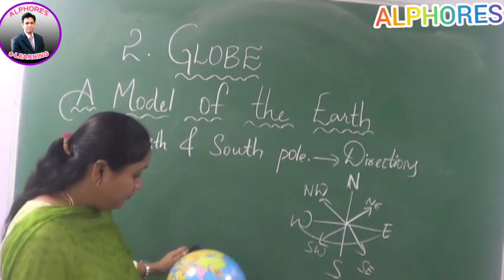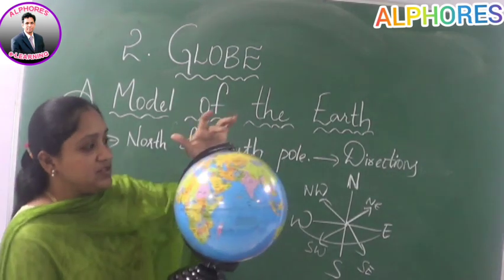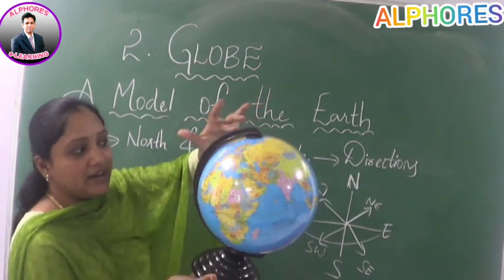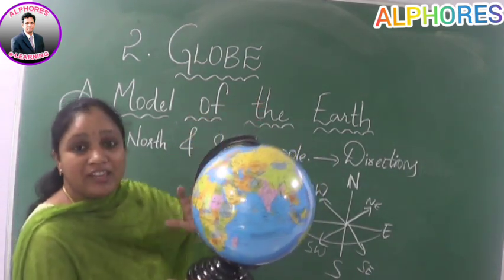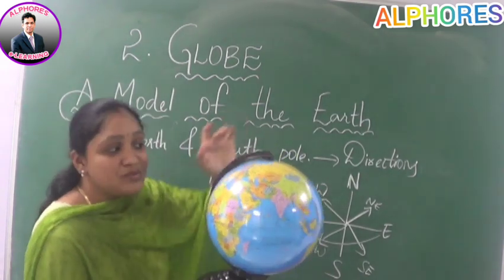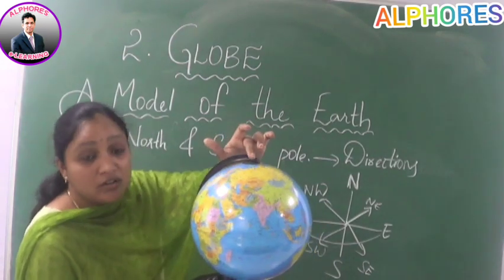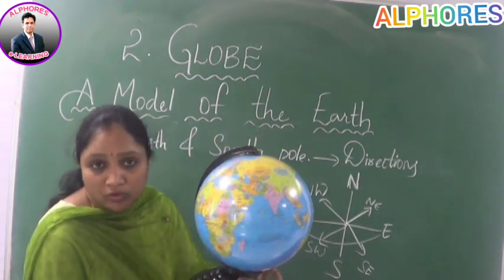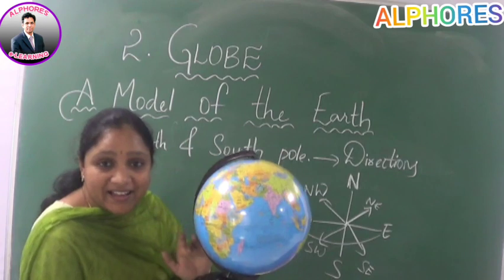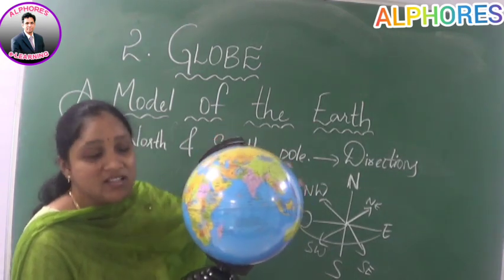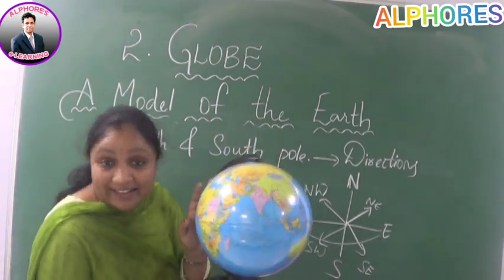And before this, I want to tell you that, as you can see this part, this is one of the imaginary lines. This is the axis which shows us the line from the north to the south pole. With the help of this axis line, we consider that it is tilted.